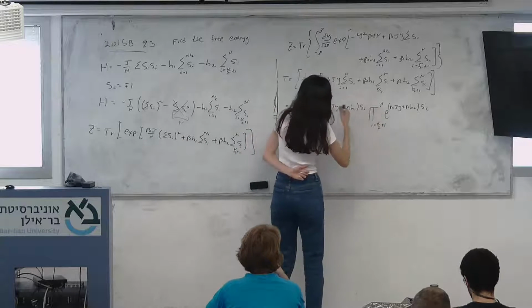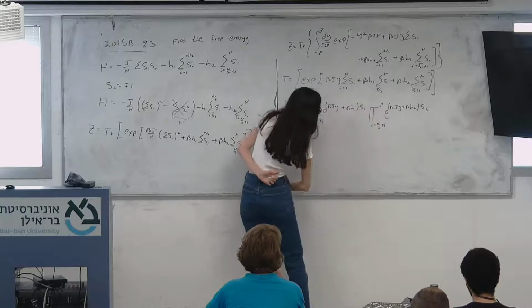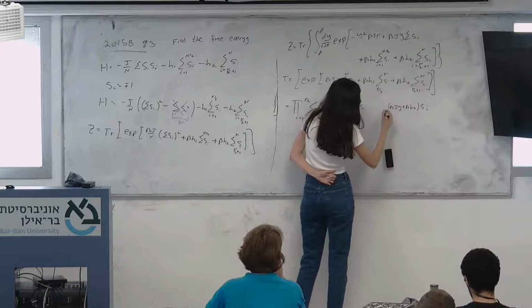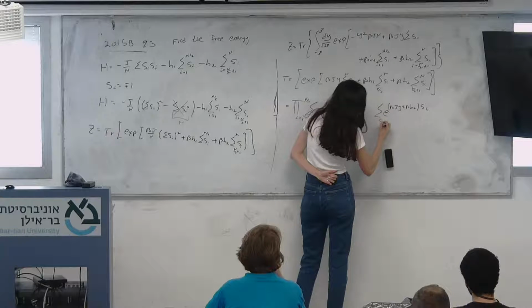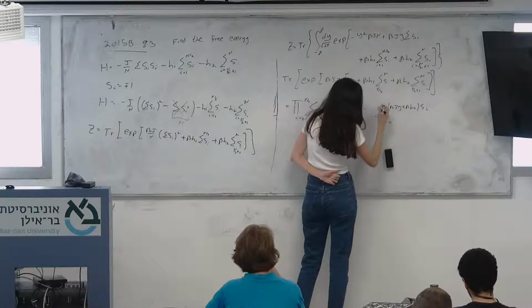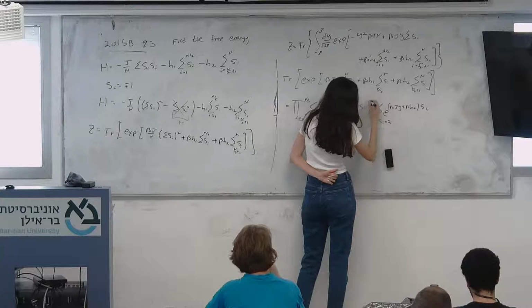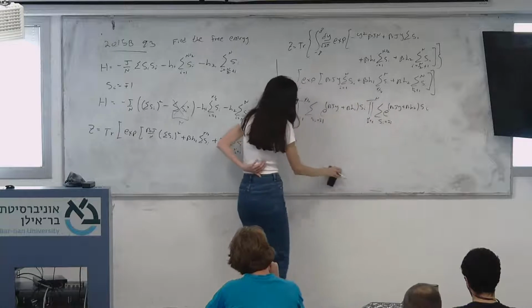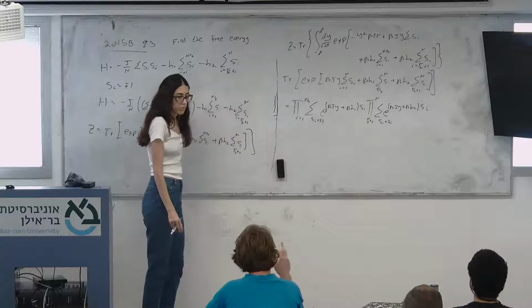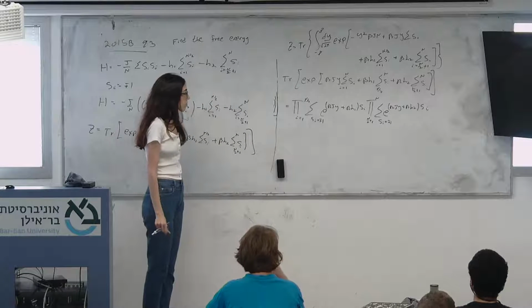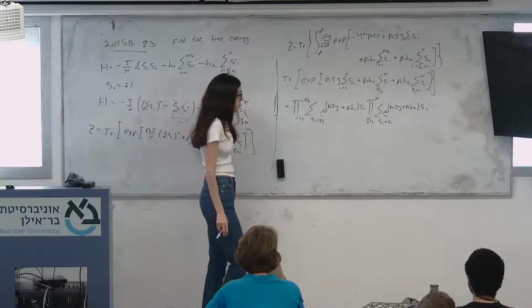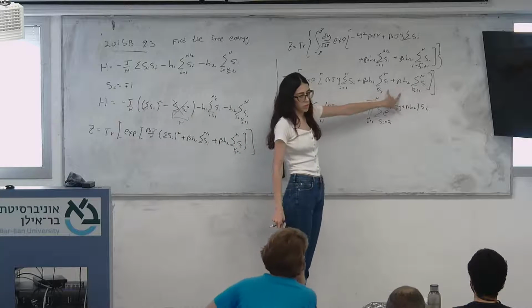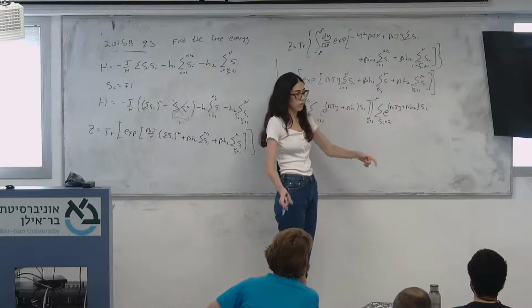Yeah, why you? Okay. Why is pi n divided by 2? Because we have two separate summations here, and we need to separate for the different cases.